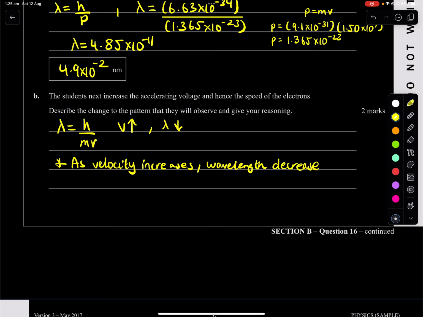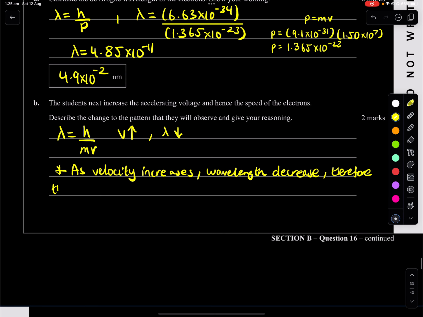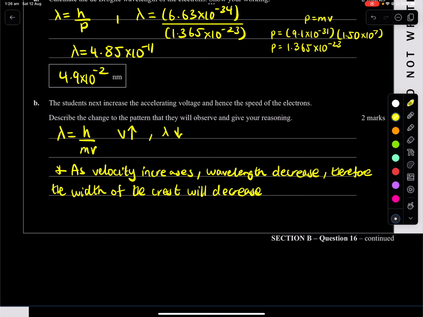As well as decreased wavelength, therefore the width of the crest will decrease.